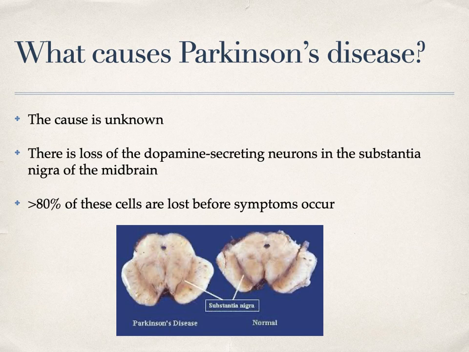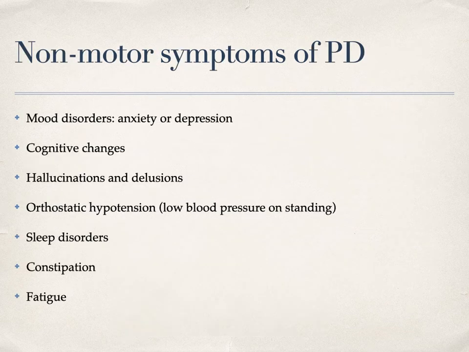So I've spent some time talking about what we call the motor symptoms of Parkinson's disease, all the things to do with movement or lack of movement, slowness of movement, and tremor and those kinds of things. But there are many other aspects of Parkinson's disease which are non-motor. So mood disorders, cognitive changes, hallucinations and delusions.